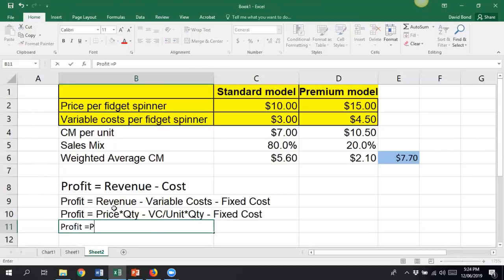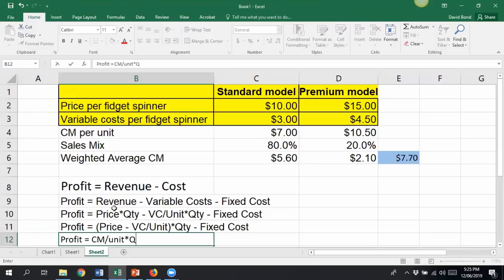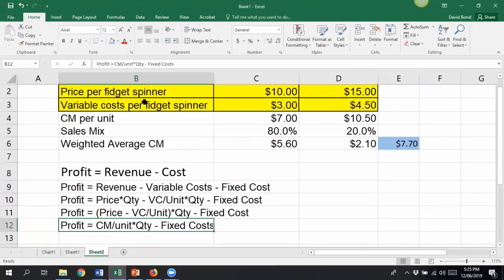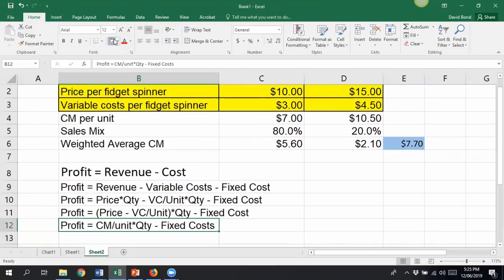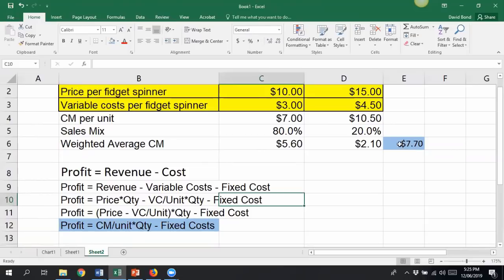So we can actually simplify this: profit is contribution margin per unit times quantity minus fixed cost. And this is what we use it in. So we know this $7.70 is our weighted average contribution margin, and it gets put in here.